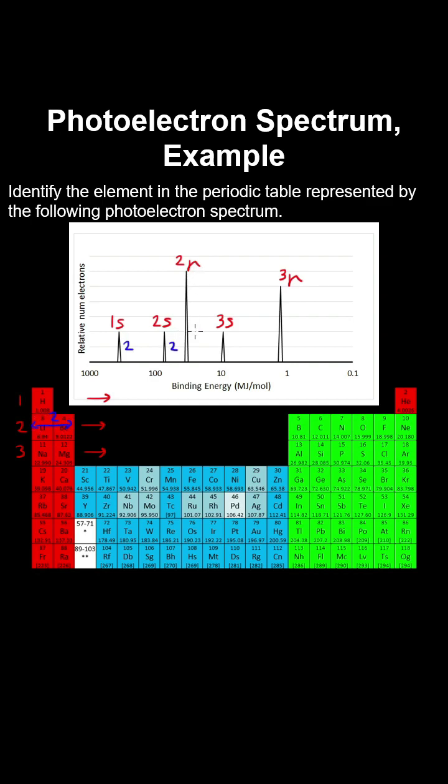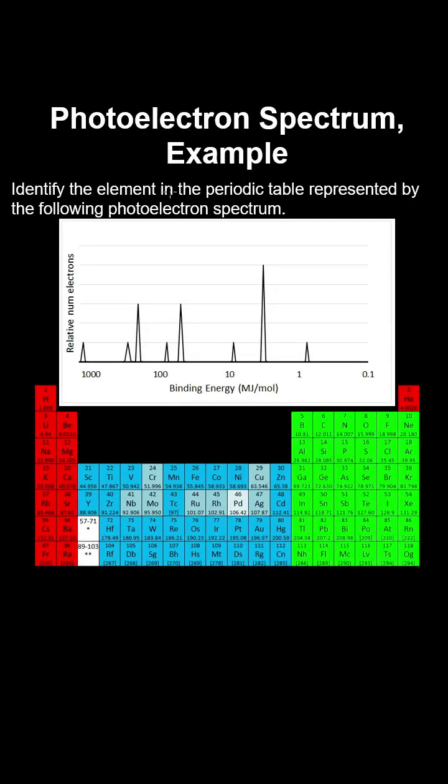So we can see that the p subshell has 2, 4, 6 electrons, and the 3s has 2 electrons, and the 3p subshell, relative to the 1s subshell, has 5 electrons, as we can see. So therefore the electron configuration of our element is written as follows, and that's representative of chlorine.